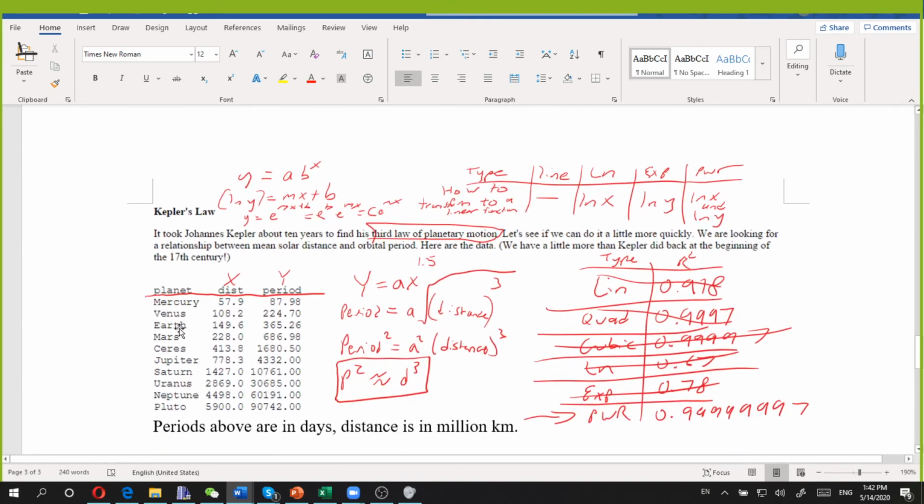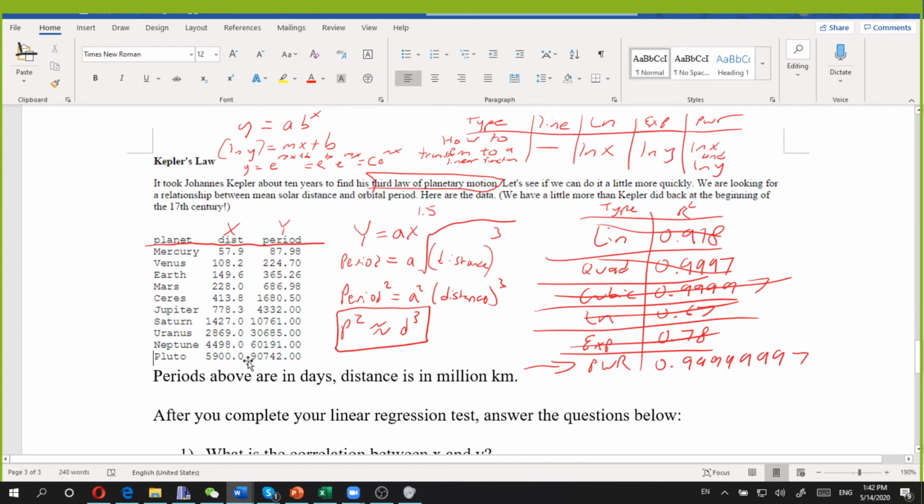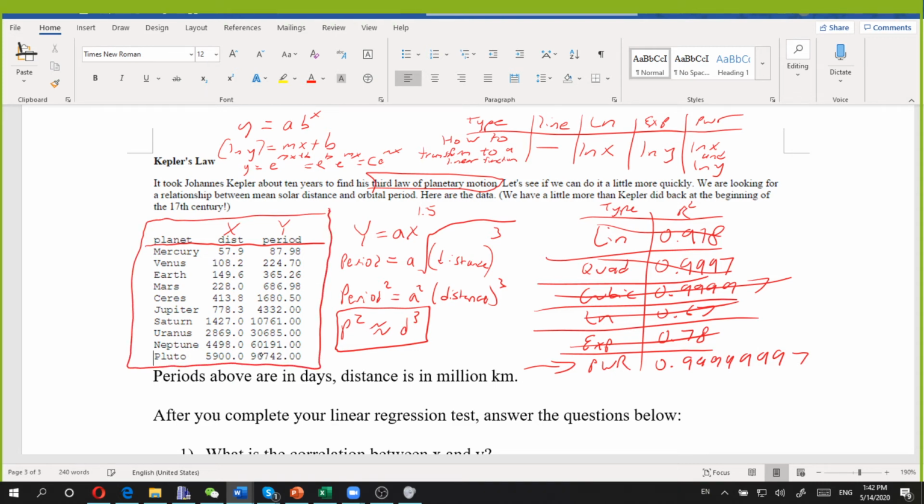So last question, I'm back to Andrew. Looking at our original data that we used to build this correlation and the new data for Eris, Eris has a distance of 14,410 million kilometers from the sun.